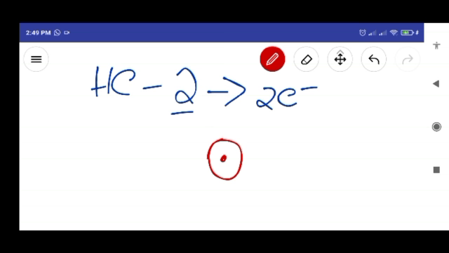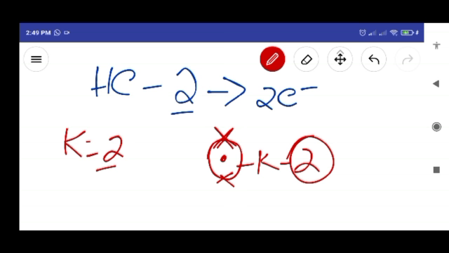Only 2 electrons, so in the K shell 2 electrons should be given. It has only one shell, the K shell. Maximum 2 electrons can be accommodated in the K shell, so it is already filled. So we can say that the helium atom is stable.